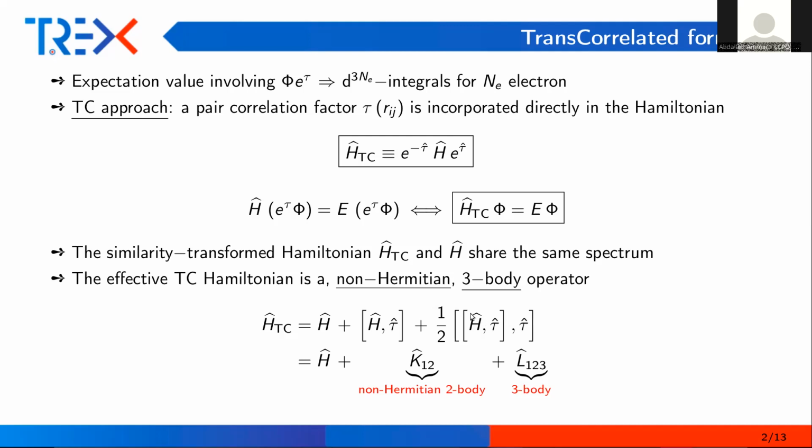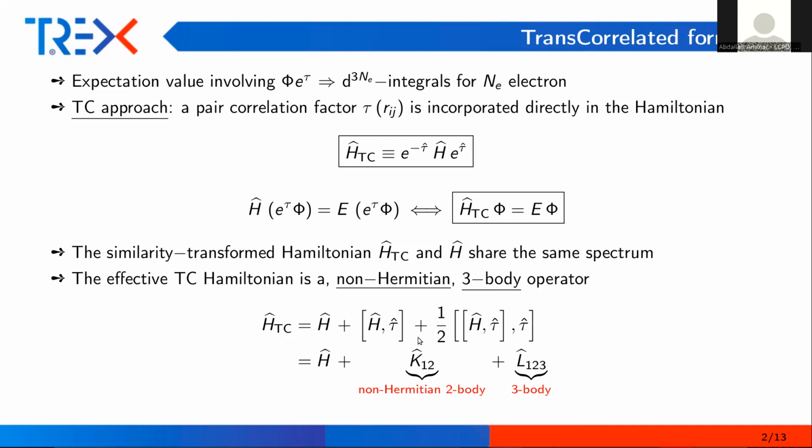So the resulting shape of H_TC involves a non-Hermitian two-body operator and a three-body interaction term. In other words, the transcorrelated approach allows to reduce the complexity of matrix elements evaluation from n electrons to no more than 3 electrons.